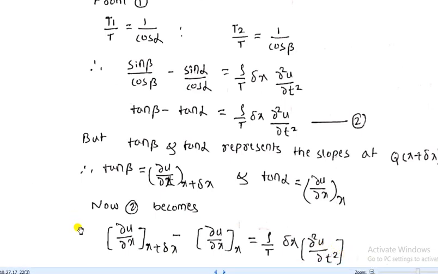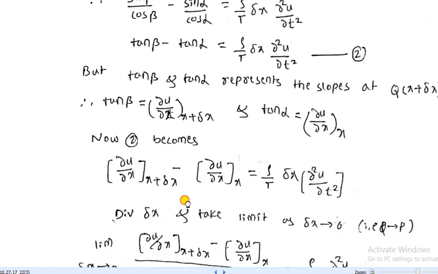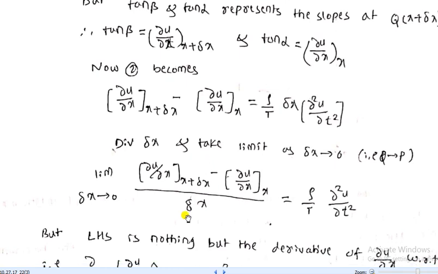Now we are taking the derivative of u with respect to x. Before this, we divide on both sides by delta x, eliminating delta x on the right hand side.